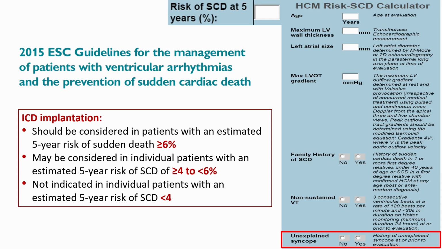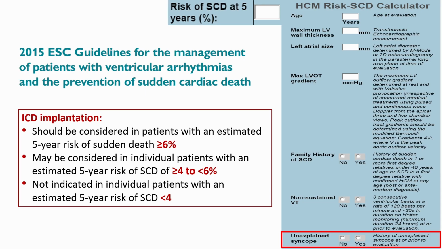According to the guideline recommendations, ICD implantation should be considered in patients with an estimated 5-year risk of sudden death of more than 6%, may be considered with a risk between 4 and 6%, and is not indicated in patients with a 5-year risk of less than 4%.